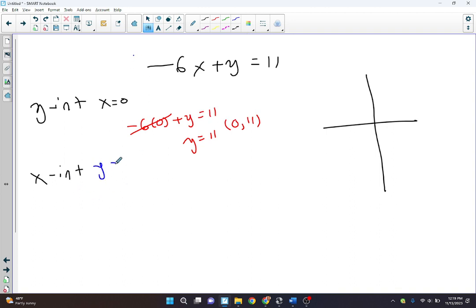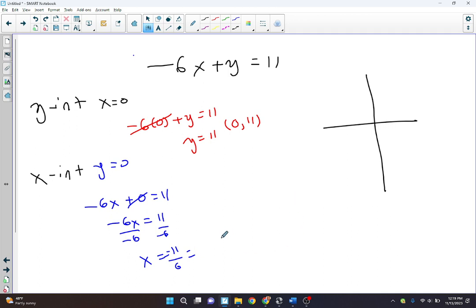The second one, x-intercept, I'll make y equals 0. So negative 6x plus 0 equals 11. This completely disappears. Negative 6x equals 11, divided by negative 6 on both sides. x equals negative 11 over 6, which, while usually we like to keep it as a fraction, it's a little hard to graph negative 11 over 6.